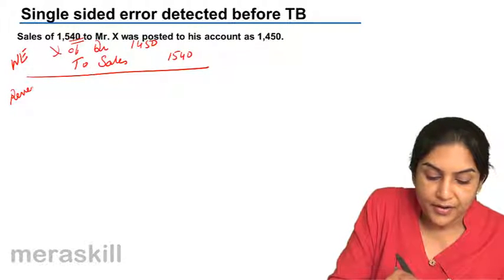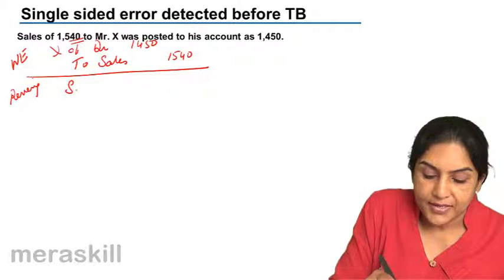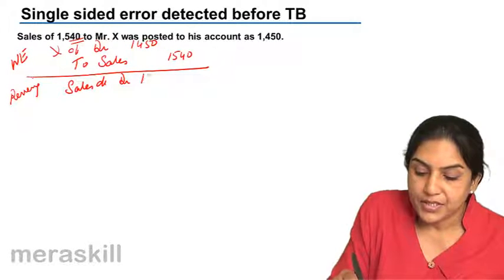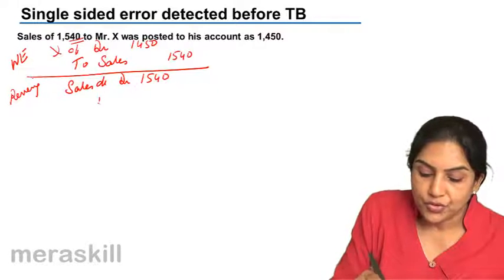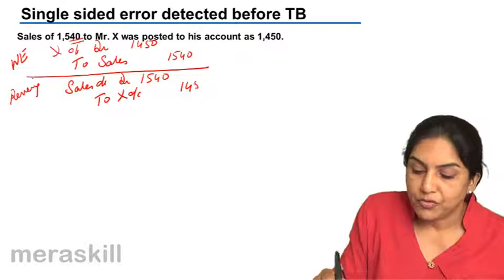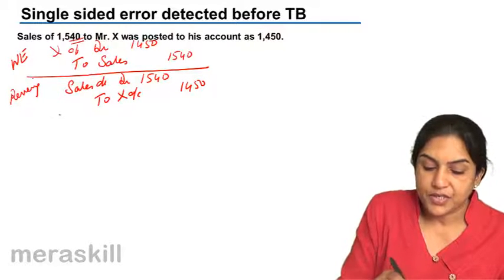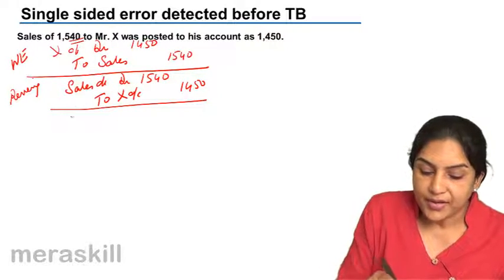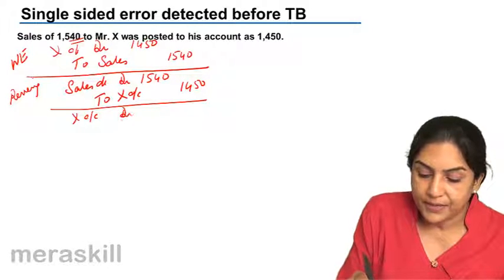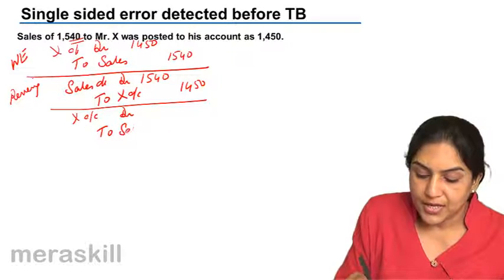Reversing the wrong entry, I get sales account debit 1540 to X account 1450. This is reversing. And the actual entry that I should have passed is X account debit to sales account.